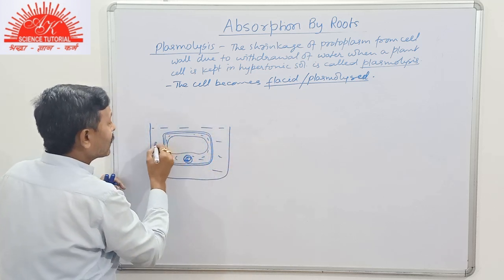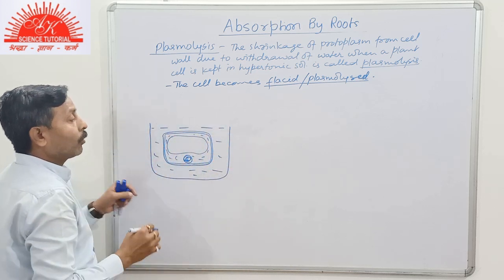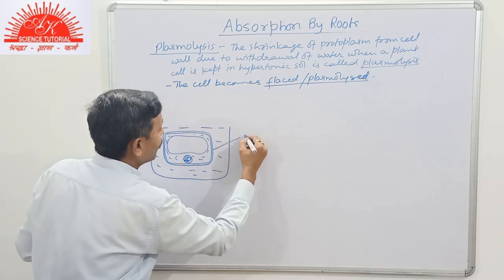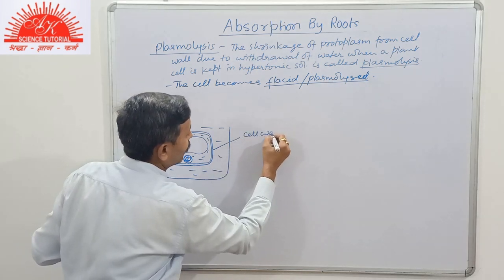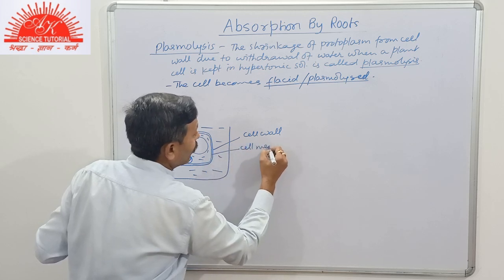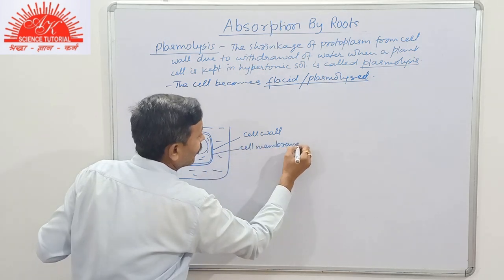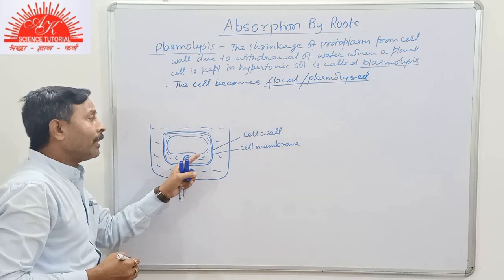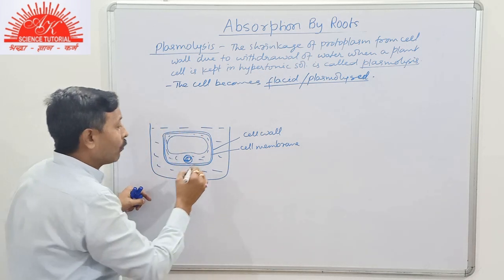If the cell is placed in normal solution, there will be no change in shape. Here there is the cell wall and this is the cell membrane. We can see that the cell membrane is in close contact with the cell wall.